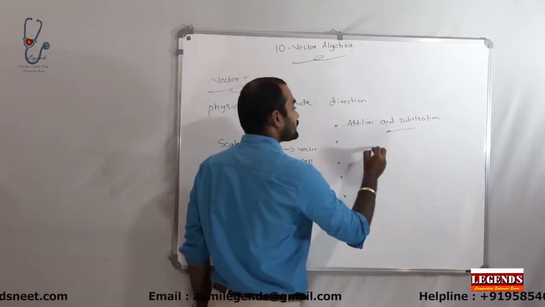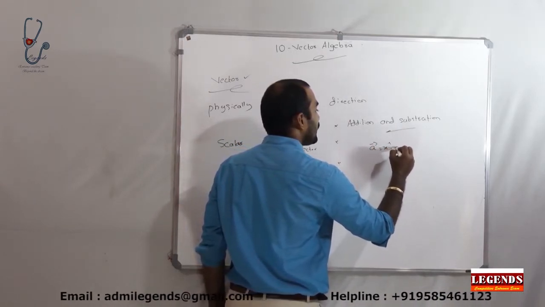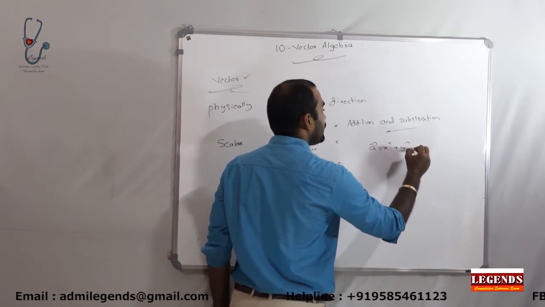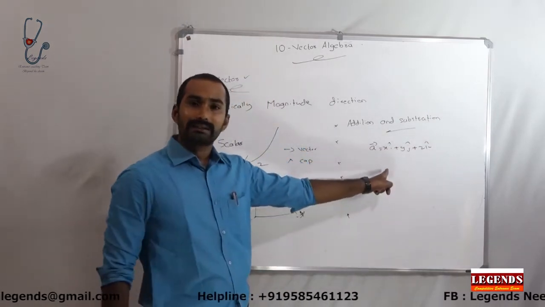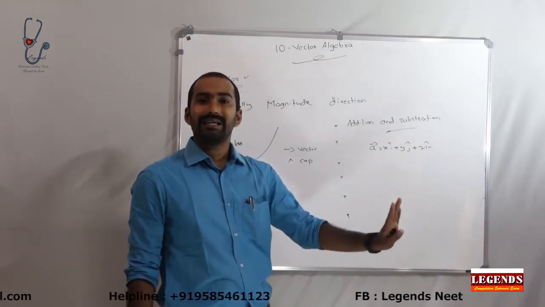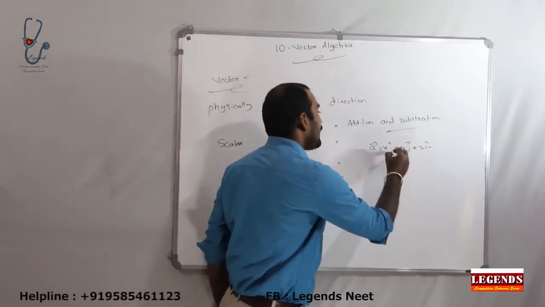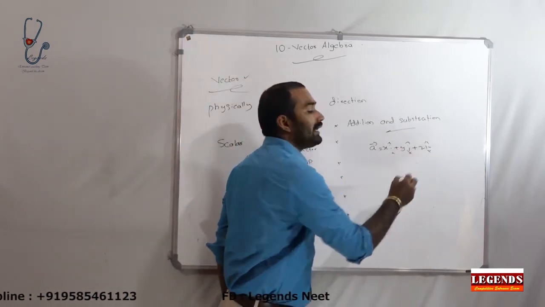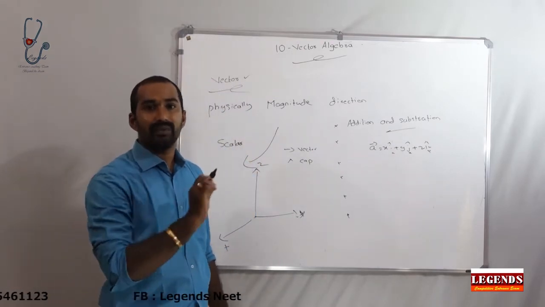For example, a vector is equal to xi plus yj plus zk. This is the basic representation of any vector. The i, j, and k are the unit vectors along the axes we studied in physics.